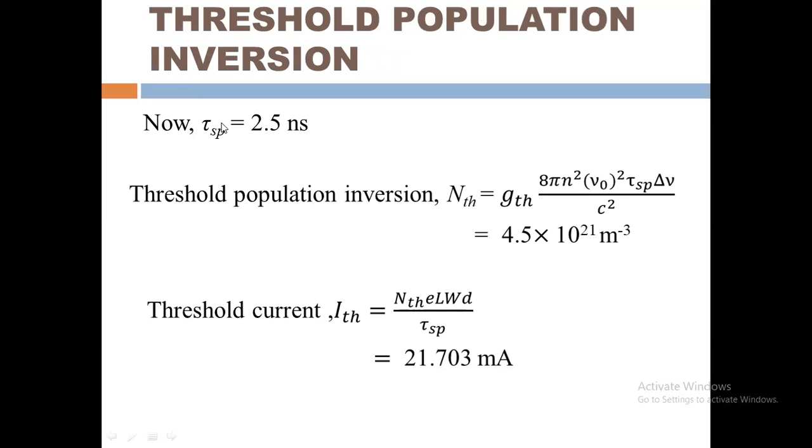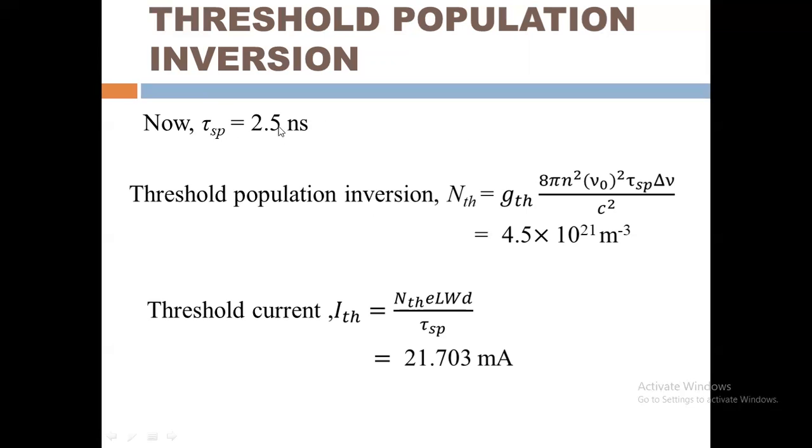Next I have calculated the threshold population inversion and the threshold current from the threshold population inversion. To calculate population inversion, we require a spontaneous decay time. For a semiconductor diode, the spontaneous decay time is 2.5 nanosecond.